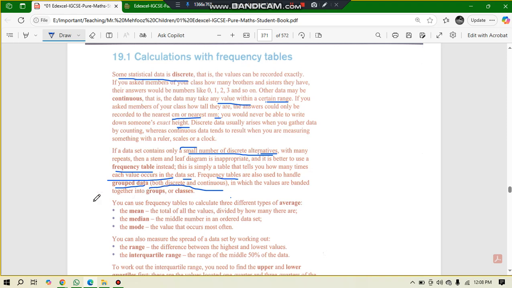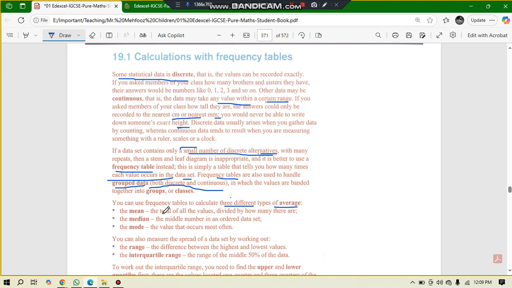Okay, after that you can use frequency tables to calculate three different types of averages. When we are dealing with data, we also deal with the average of the data. In statistics we have three different types of averages which we will calculate in the next classes and in this chapter.